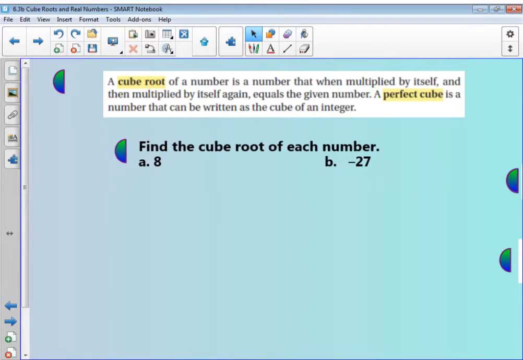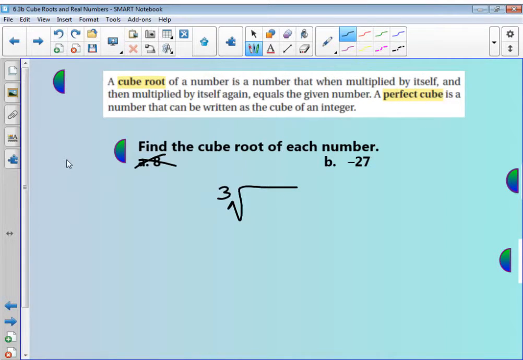Okay, so here we just did letter A, so we're not going to go ahead and do that one. So this time they want us to find the cube root of negative 27. So visually, this is what they're referring to, the 3rd root or cubed root of negative 27. Now, whenever you have a negative number, you're going to have negatives on your number when you go to multiply them out. So what number times itself 3 times would give us 27?